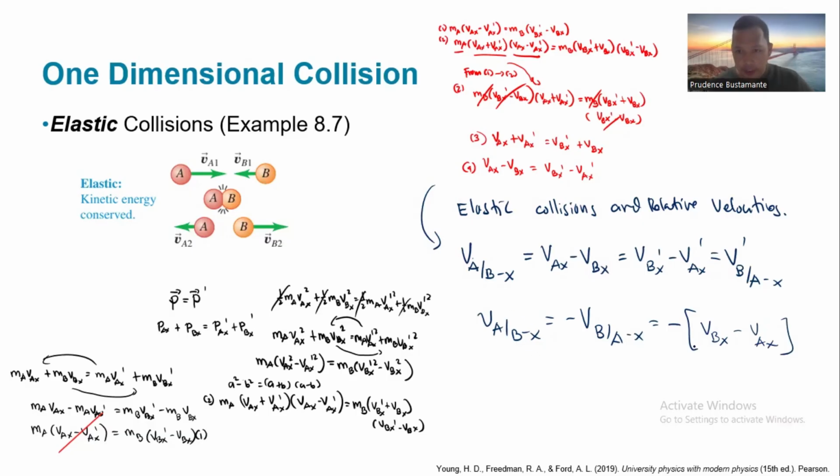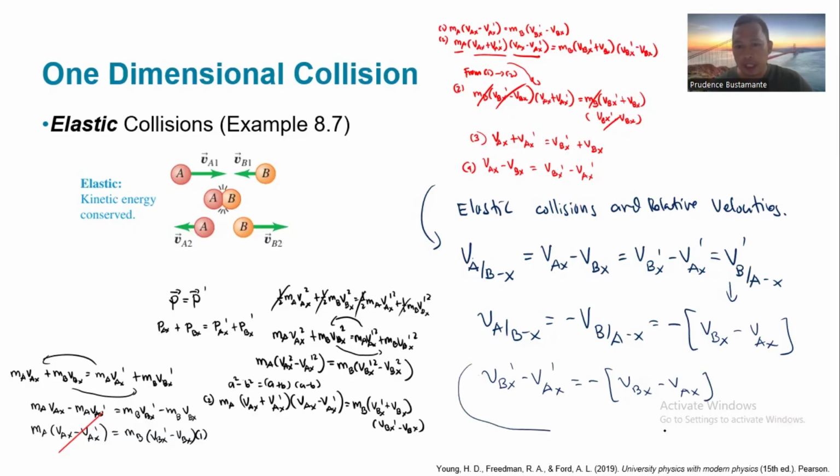Since this one is equal to this one, we can equate these two here. The final velocity of B minus the final velocity of A is equal to the negative of the initial velocity of B minus the initial velocity of A.